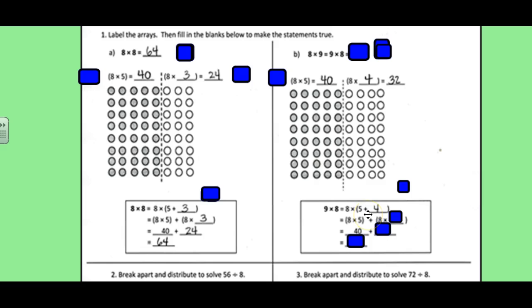And then they wrote both equations, 8 times 5 plus 8 times 4. And I know that 8 times 5 was 40. I know from up at the top that 8 times 4 is 32. And when you add 40 and 32 together, you get 72. So up here at the top now, 8 times 9 and 9 times 8 both equal 72.